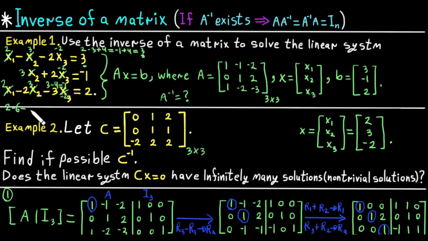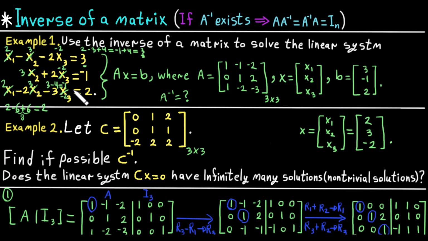Minus with minus, it will be positive, because minus multiplied by minus is positive. 3 multiplied by 2, which is 6. And the answer here, 6 with 6 equal to 0. 2 minus 0, the answer will be here too, the same as here. So we have confirmed that our answer here is correct.